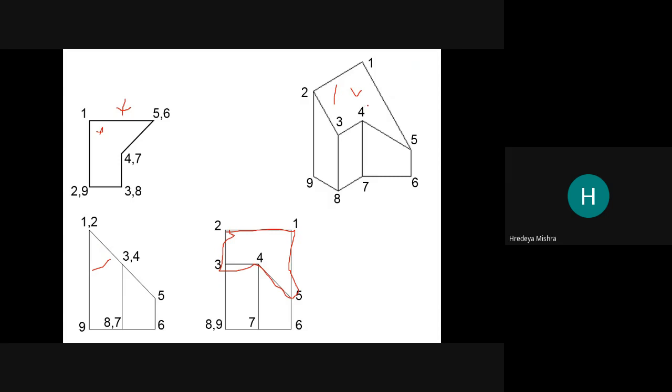No, the true shape is different. Then what can we do? We can make an auxiliary view to get the true shape for surface 1 2 3 4 5.